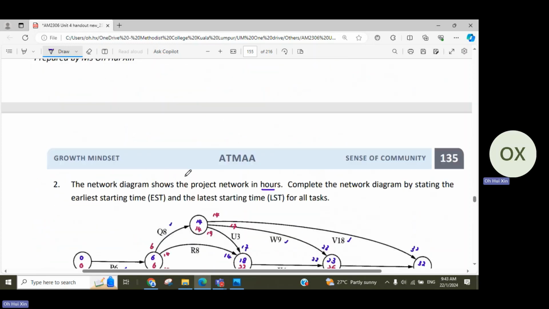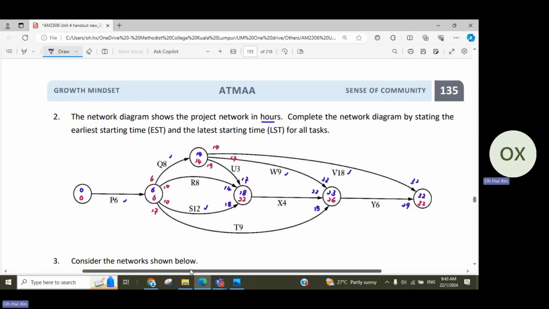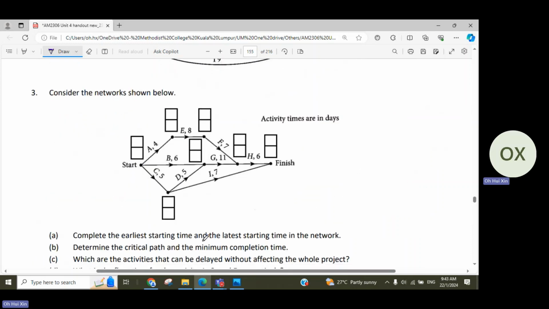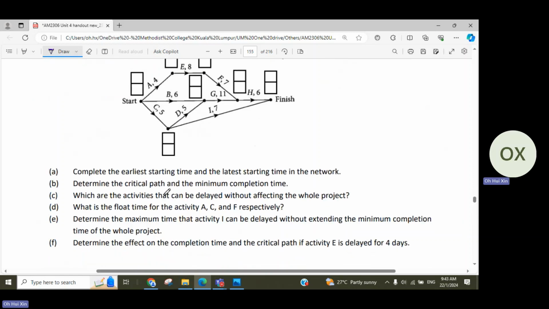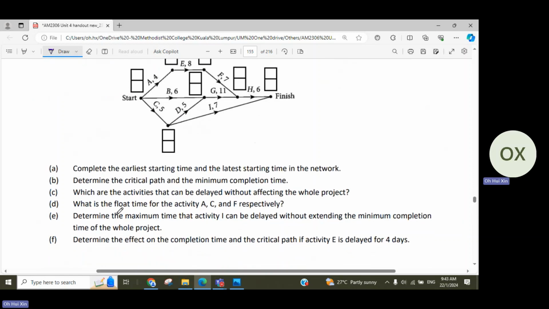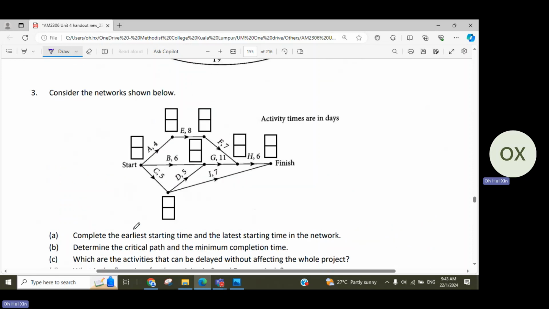What you need to do next is make sure that you have completed your question 3. I think maximum 10 minutes, you should be able to finish this. So try to answer all these questions. Then tomorrow in the class, we will discuss question 3 together. You can just jot down any questions that you have.